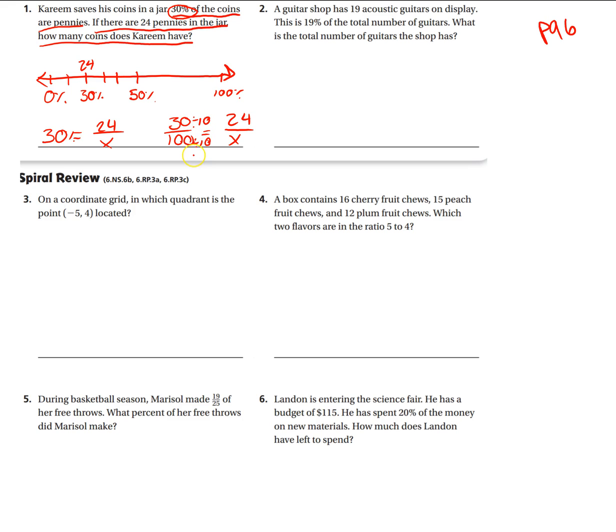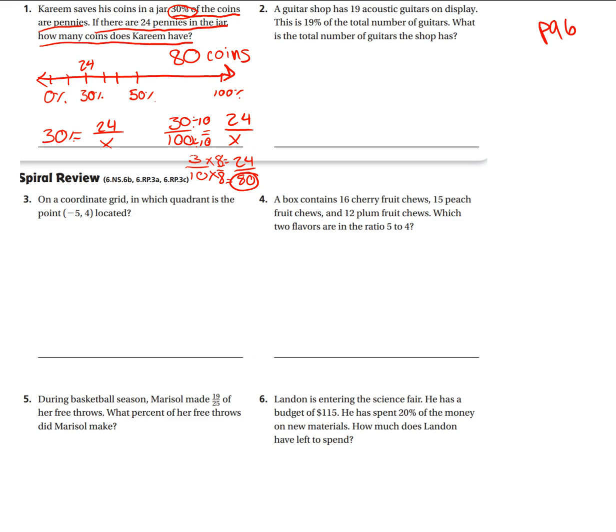So 30 divided by 10 is 3. 100 divided by 10 is 10. And now I can multiply 3 by 8, and so my x is going to be 80. So how many coins does he have? 80 coins.